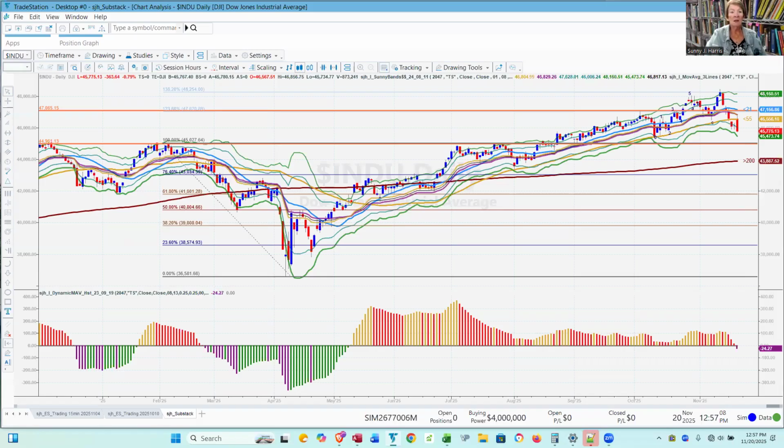All right, my time's almost up. I'm going to tell you again how we read the Sunny Bands. The green line is the lower outer band. The blue line is the lower inner band. The center line is a double moving average, called the dynamic moving average. It's dynamic because it calculates its own length internal to the mathematics. Then we have blue, which is the upper inner band, and green, which is the upper outer band.